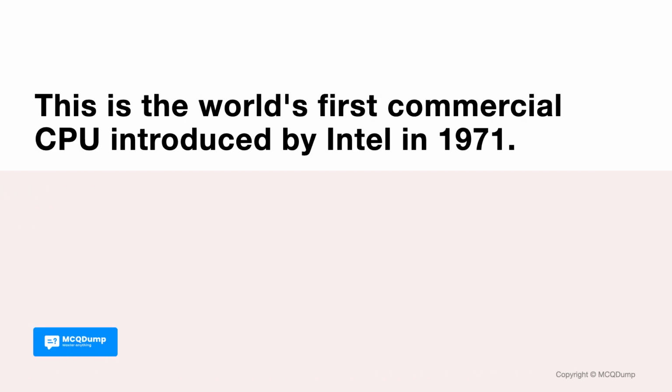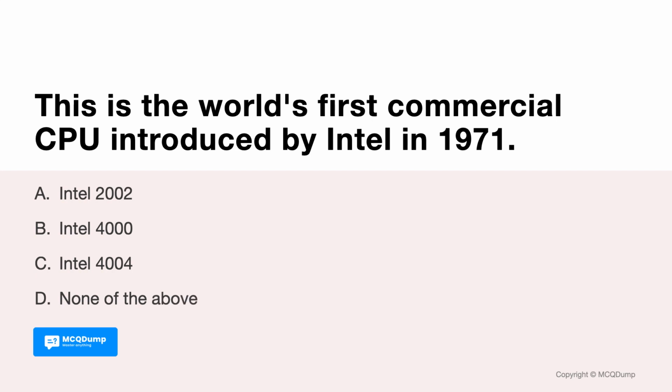This is the world's first commercial CPU introduced by Intel in 1971. Options are A. Intel 2002. B. Intel 4000. C. Intel 4004. And D. None of the above.